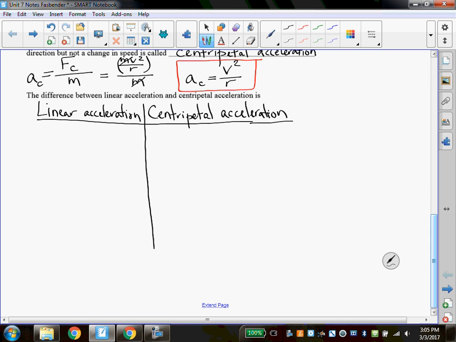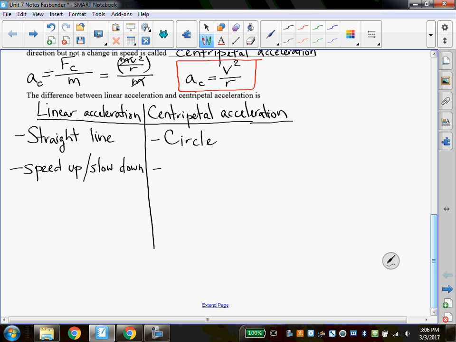Okay, so things to know about linear acceleration. Linear acceleration always happens in a straight line. Centripetal acceleration, it occurs when you're moving in a circle. Linear acceleration really deals with speeding up and slowing down.